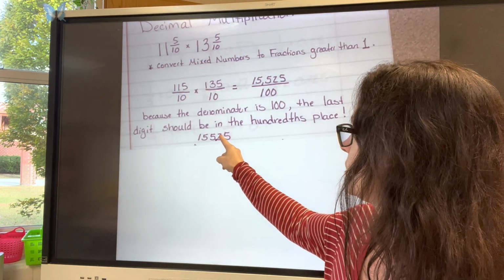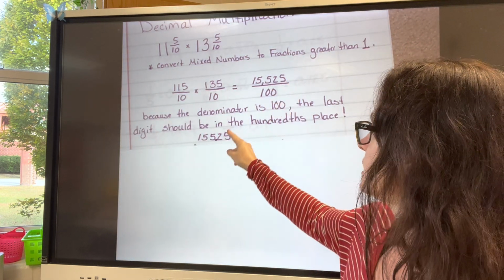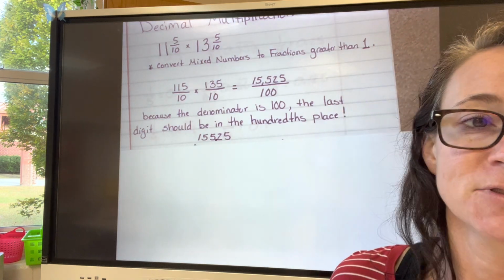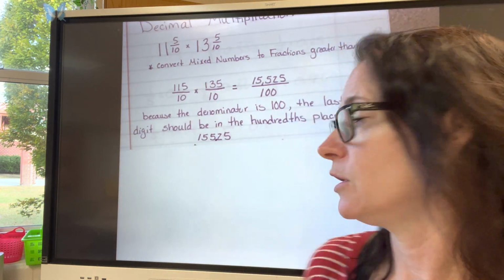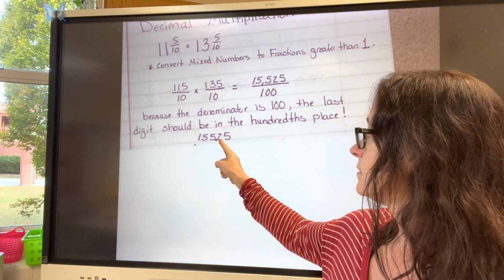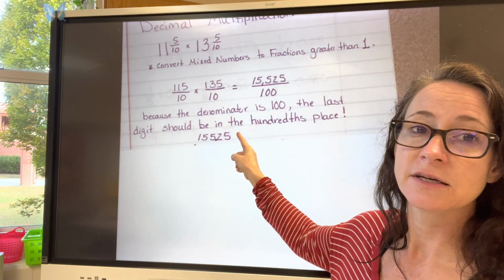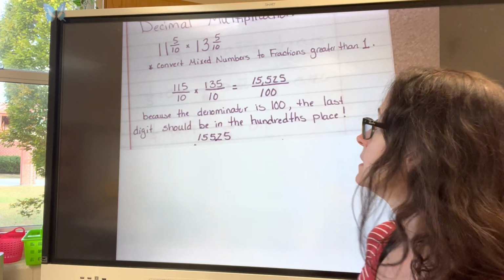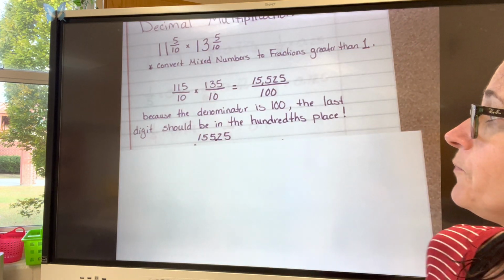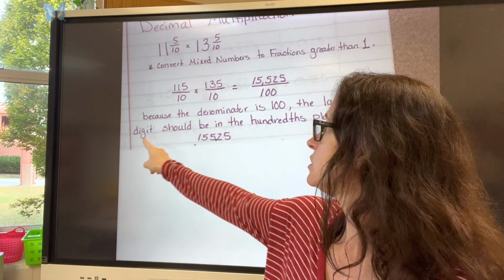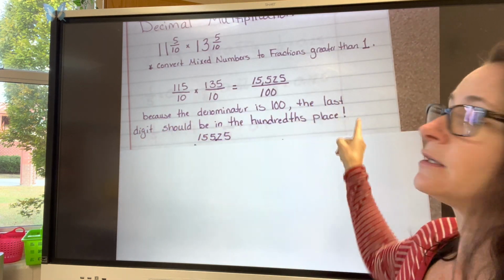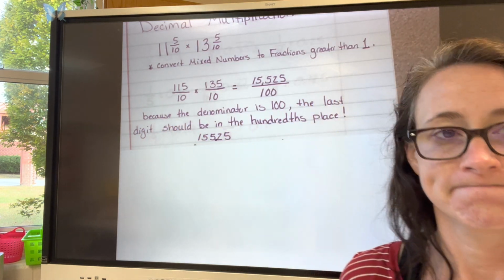You make sure that the last digit is in the hundredths place. So it's very important that you know your decimal place values: the first one is the tenths, second one is the hundredths, third one would be the thousandths. I kind of wrote that note there. Because the denominator is 100, the last digit should be in the hundredths place, okay?